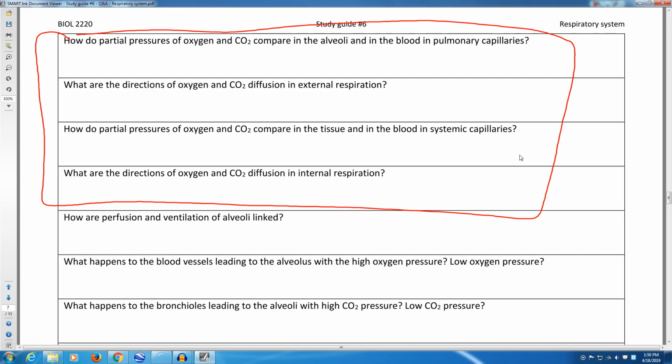What is the relationship between these 2 pressures? Higher in the blood and lower in the tissues, because in the internal respiration, oxygen goes from blood to tissues. What is the relationship for pressures of CO2 in the external?